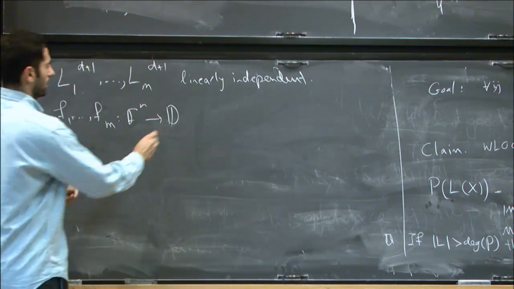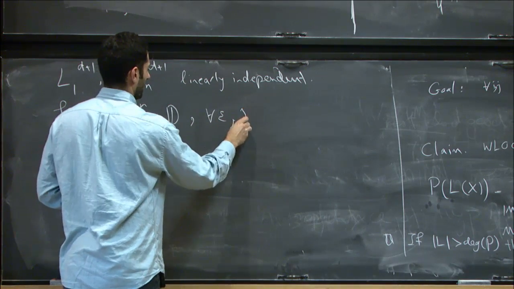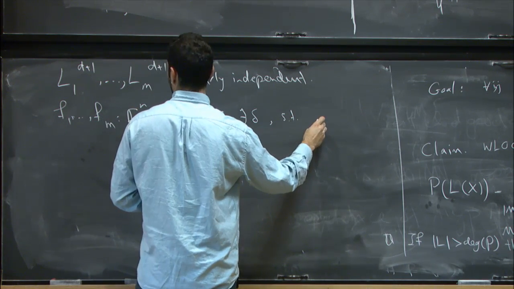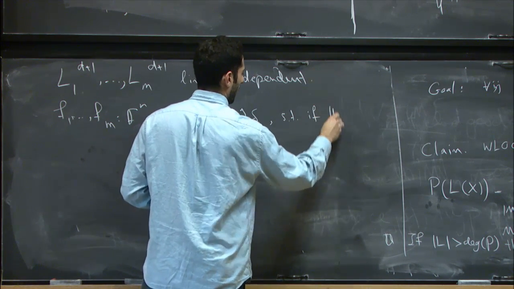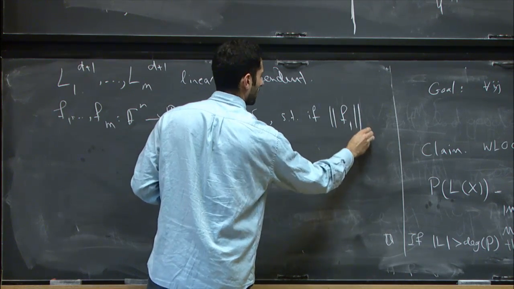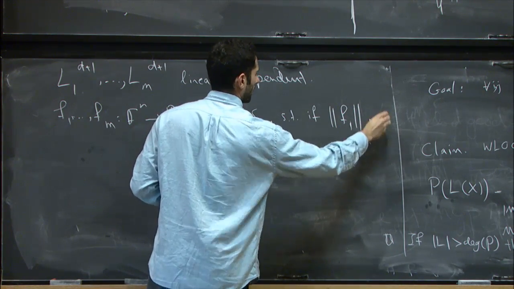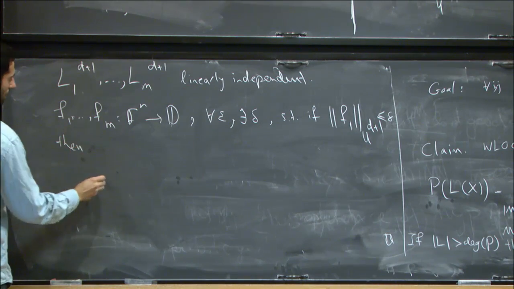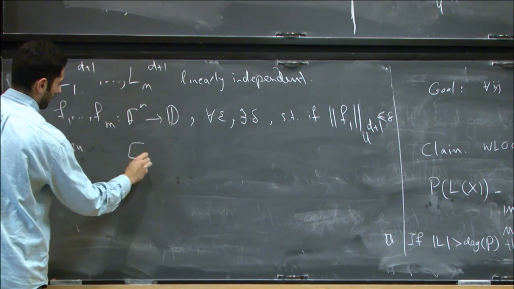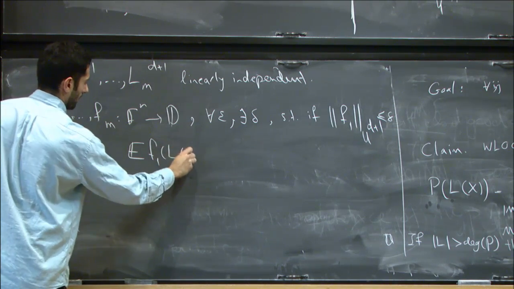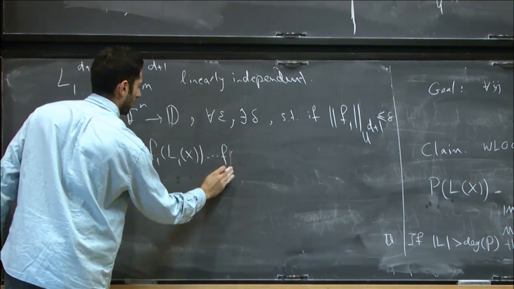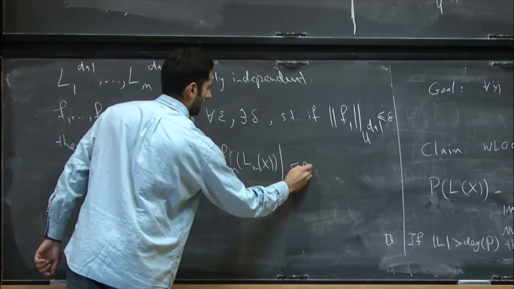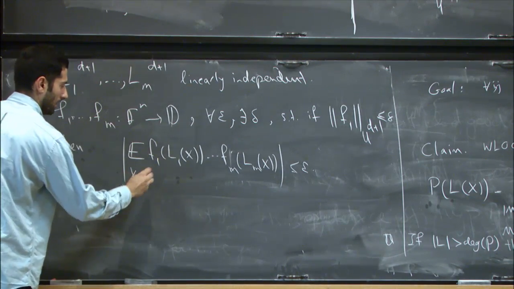I will show that for every epsilon, there exists a delta such that if, in fact, the first function delta, then this average is less than or equal to epsilon.